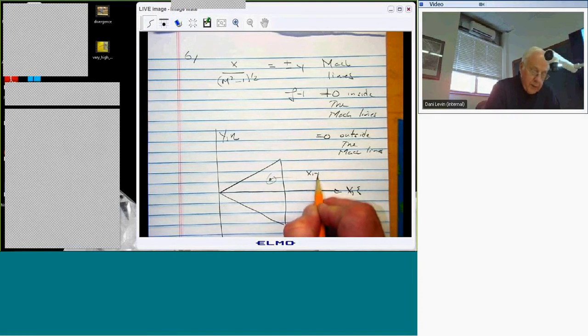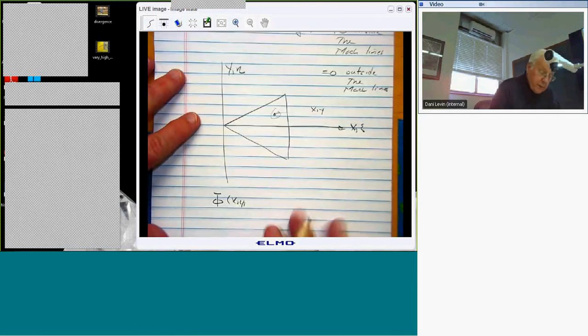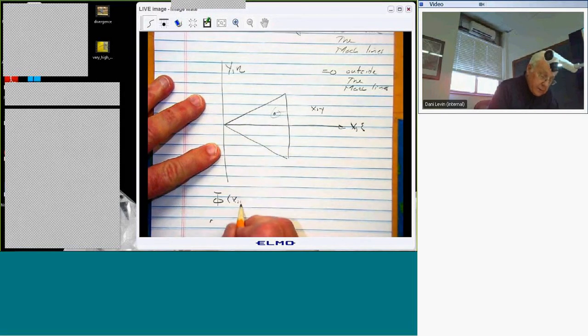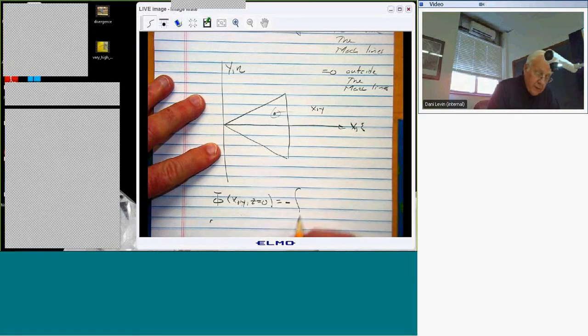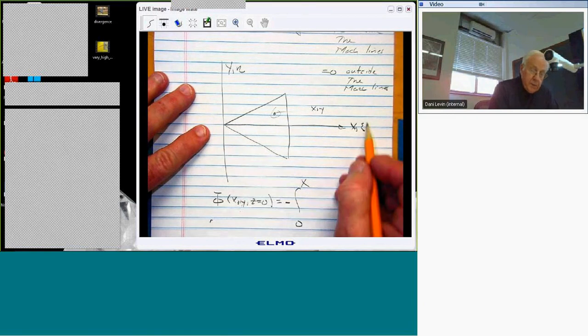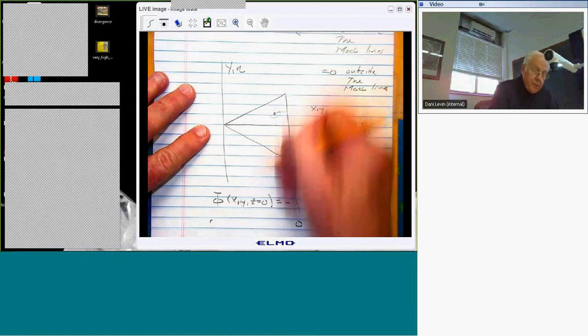And to get the answer, I need to compute phi of x, y, z equals 0 with a minus sign, integral from 0 to x. So I've got to integrate from here with respect to xi. I've got to integrate from here back here. But then there's a question about how far I have to integrate this way.